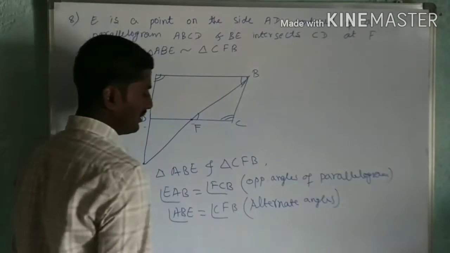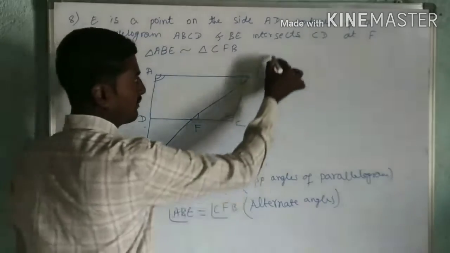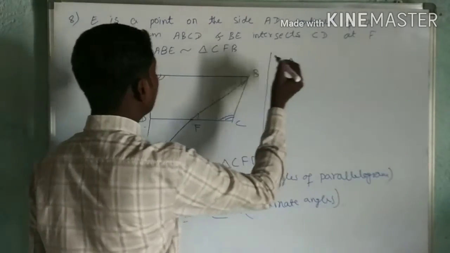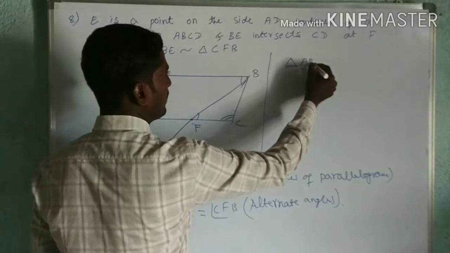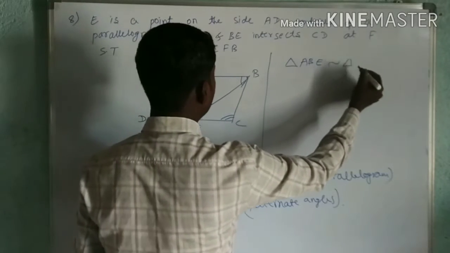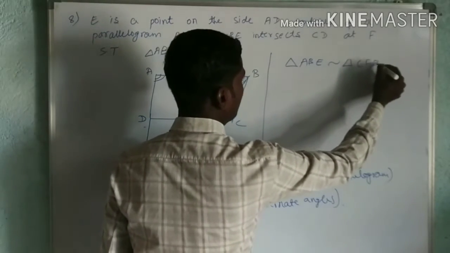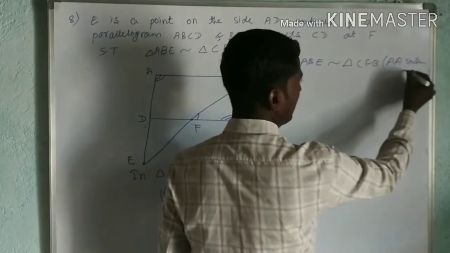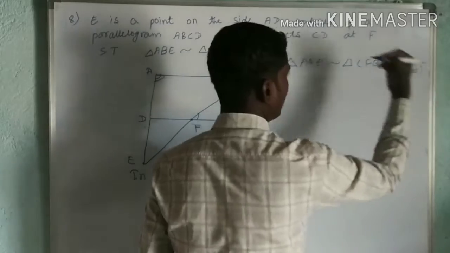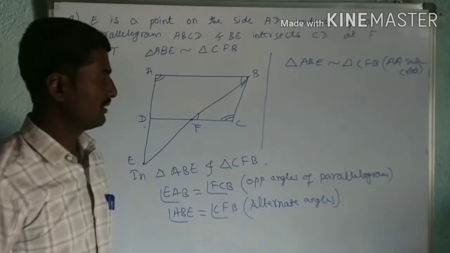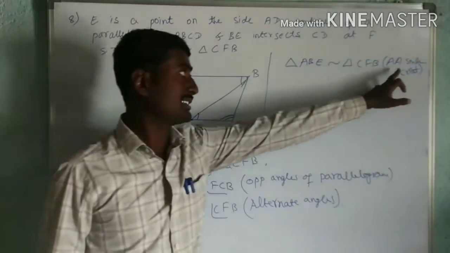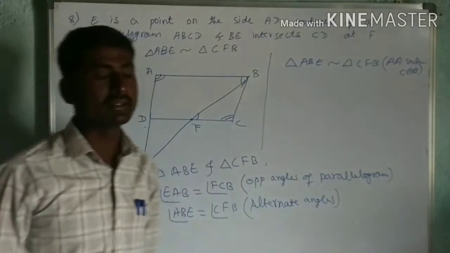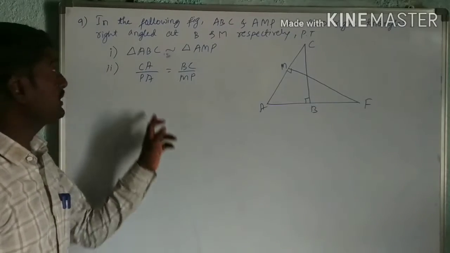Again I got two angles by using AA similarity criterion. Triangle ABE is similar to triangle CFB because of AA similarity criterion. You must write this condition.